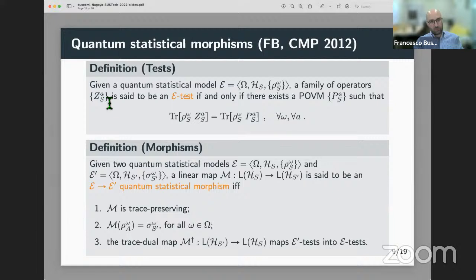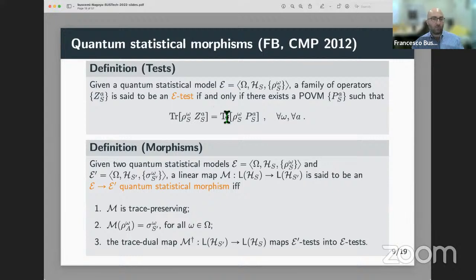But this family of operators is said to be an E-test, so a test for this quantum statistical model, whenever there exists some POVM that essentially gives you exactly the same traces as the ZE. Essentially, it means that on this statistical model, the ZE give you the same statistics of a POVM.